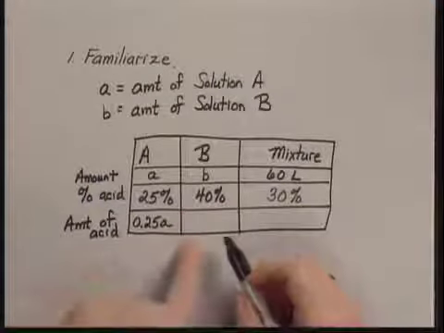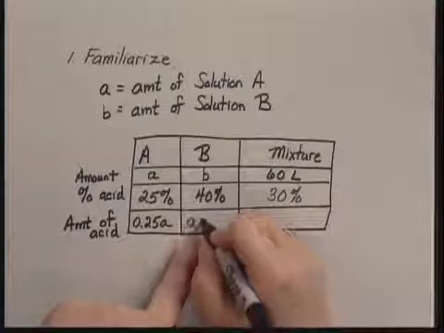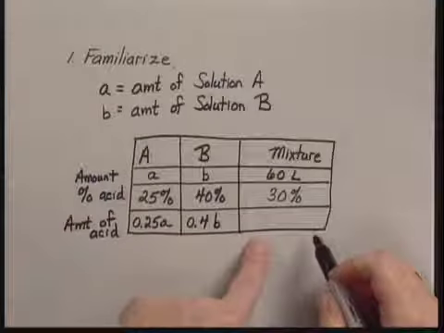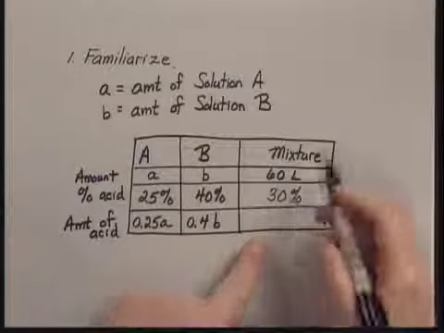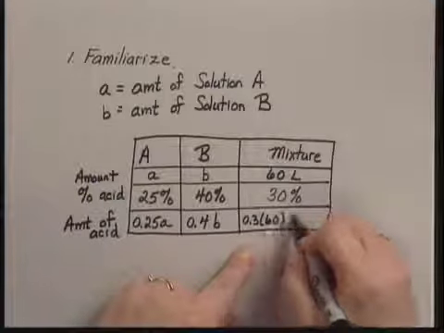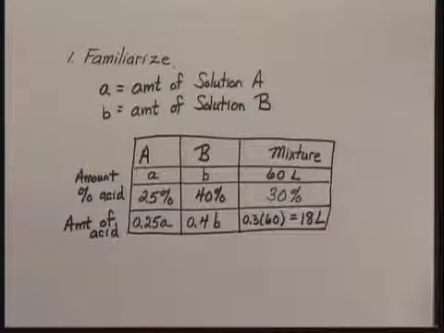The amount of acid in solution B will be 40% of B, which is 0.4B. And the amount of acid in the mixture should be 30% of 60, or 0.3 times 60, which is 18, and that'll be 18 liters.